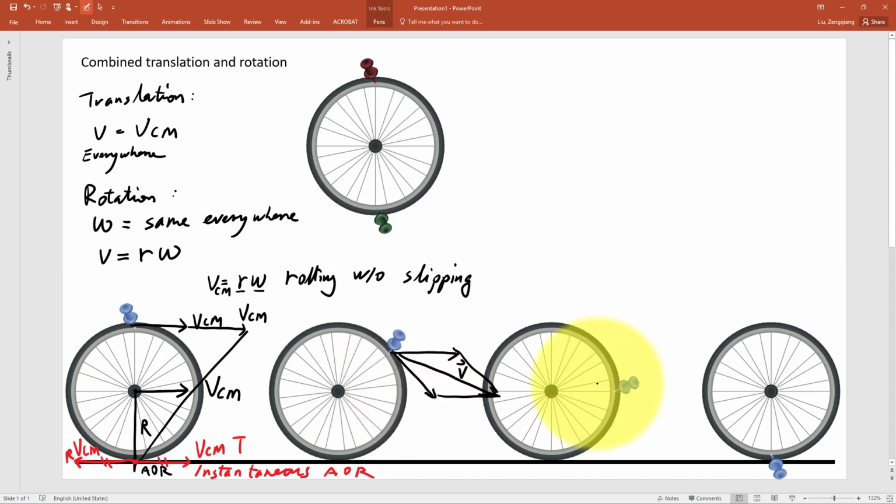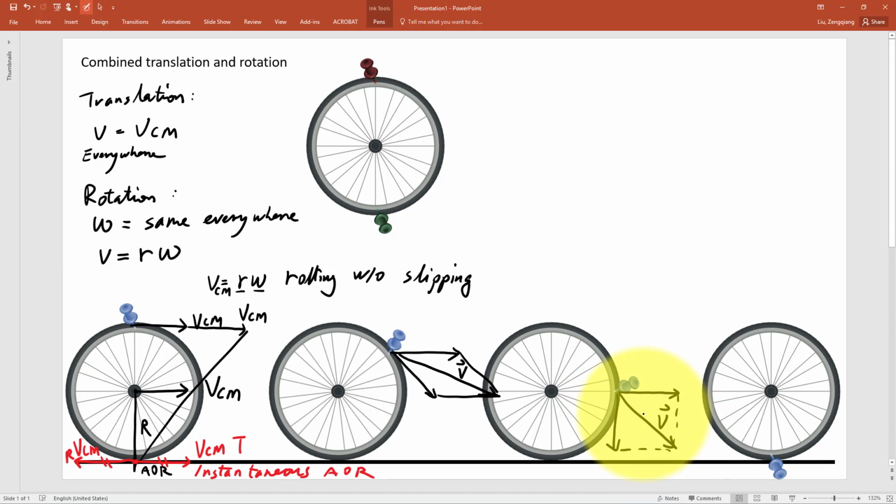So the next diagram here, the overall translation of the wheel will cause everything to move forward again, and the participation of the pin in rotation will rotate it downward, right? It's rolling. So the overall velocity, I think I should have drawn dashed lines in the other diagram, is pointing further down.